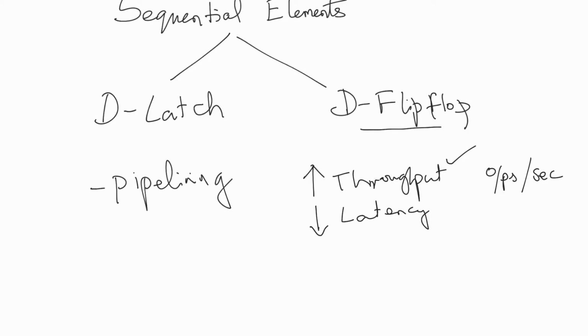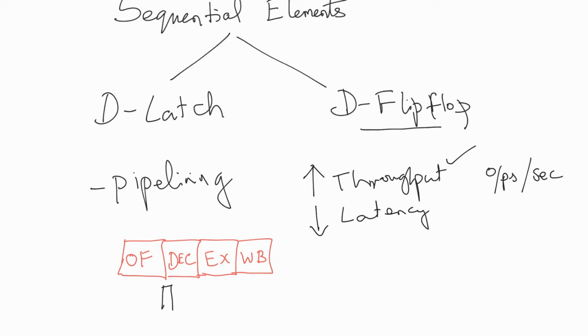Say, for example, your processor pipelining stages could be opcode fetch, decode, execute, and write back. So these four sections will have flip-flops in between them.